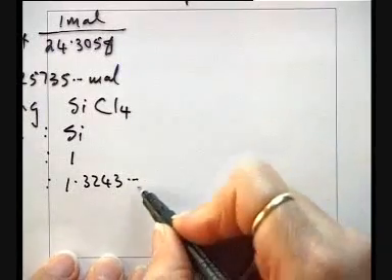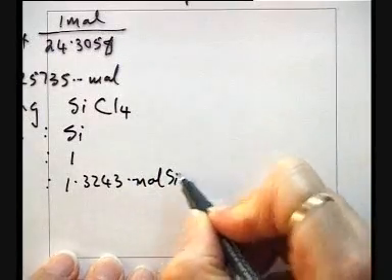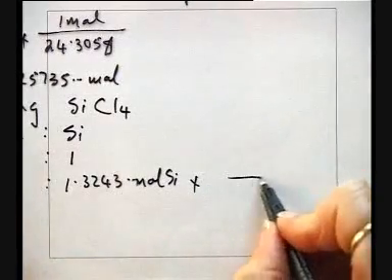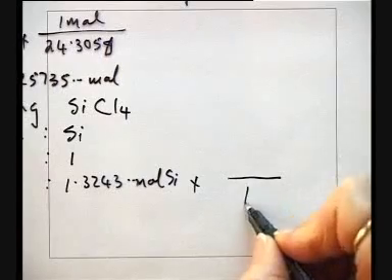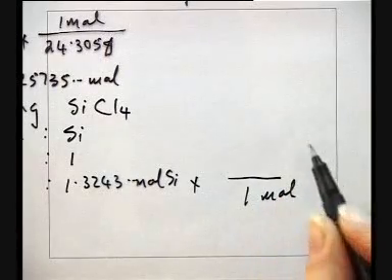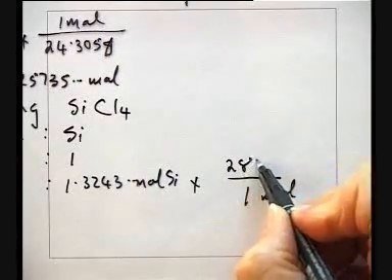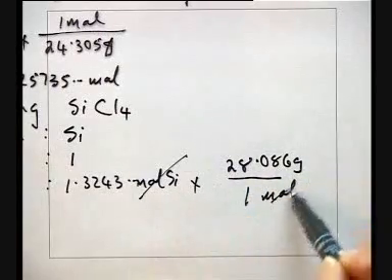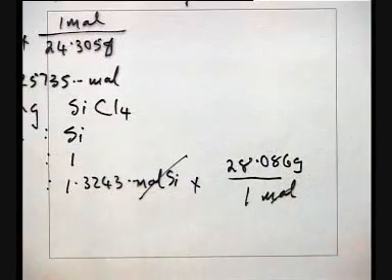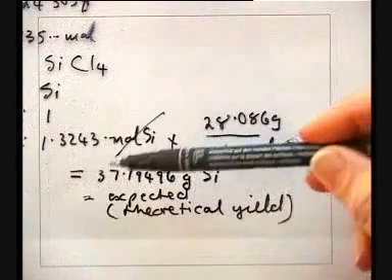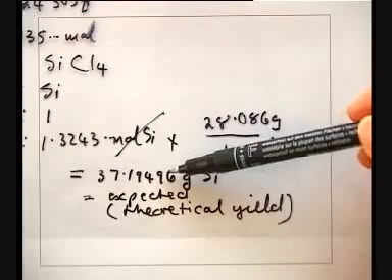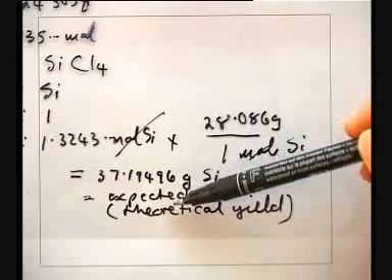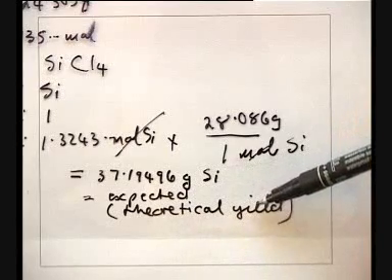Using the periodic table, 1 mole will represent 28 grams. You get rid of the mole unit, you form the gram unit. Therefore, 37.1949 etc. grams of silicon is expected. It is the expected or theoretical yield.